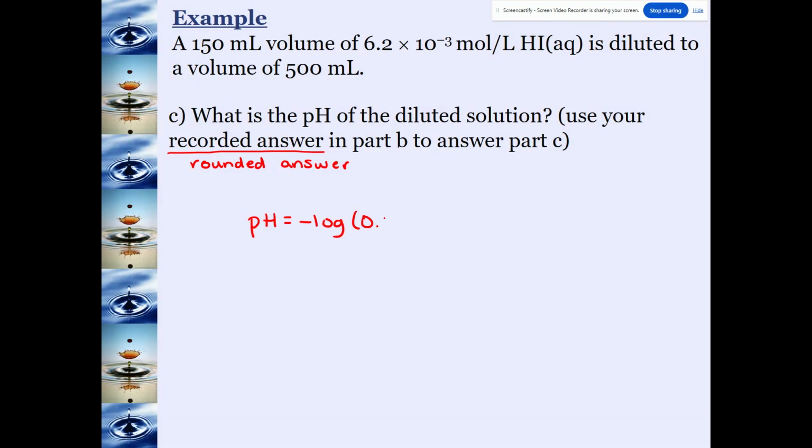So 0.0019. Not 0.00186, okay? The rounded answer. So negative log 0.0019. We get a pH of 2.72. Remember again, my sig digs are its decimal places, matching the lowest total digits in the question, okay?